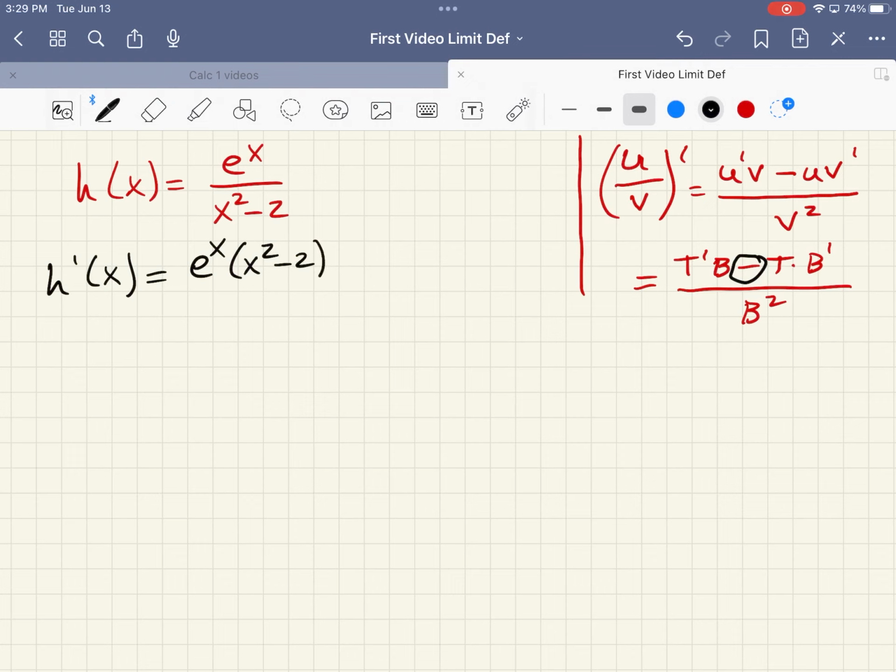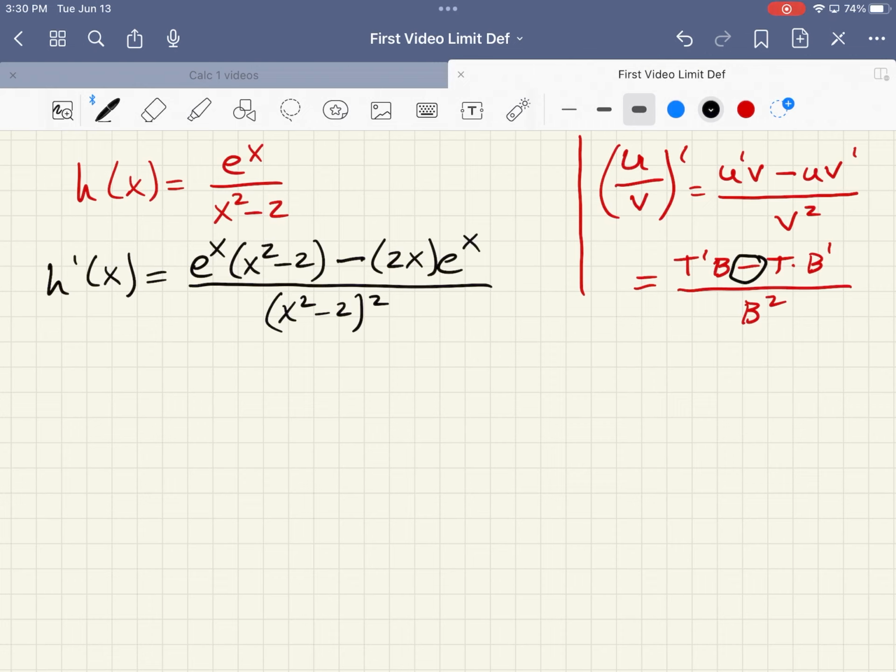You need to put that in parentheses because it's being multiplied by the entire denominator, minus the derivative of the bottom, which is 2x, times the top, all over the bottom squared. Now, as a general rule, there might be some things that you could simplify out of this. Sometimes that will be helpful, sometimes it won't. In this case, I don't think there would be a lot that would really be helpful to us, so we can just leave it as is.